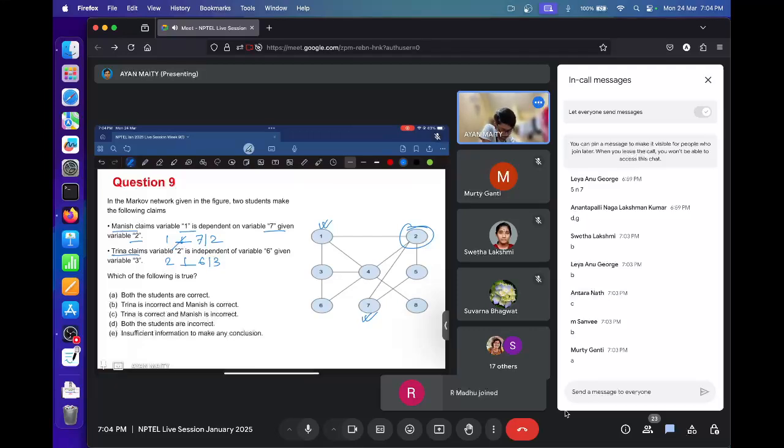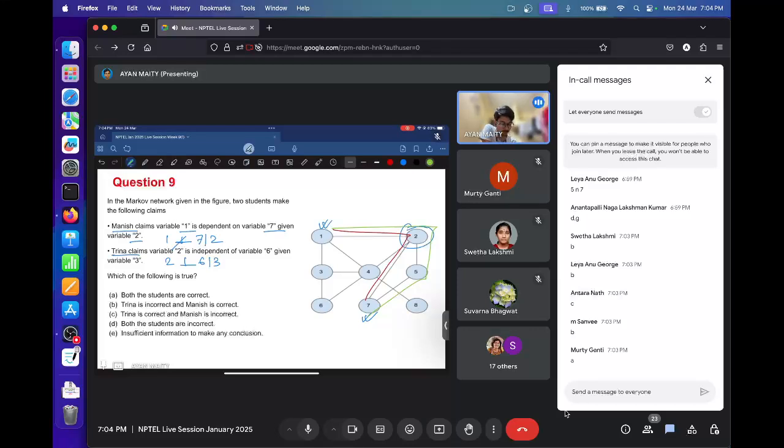So as we can see, this is one path, 1 2 7, and the other path is 1 2 5 7. These are the only two paths, and both go through 2.